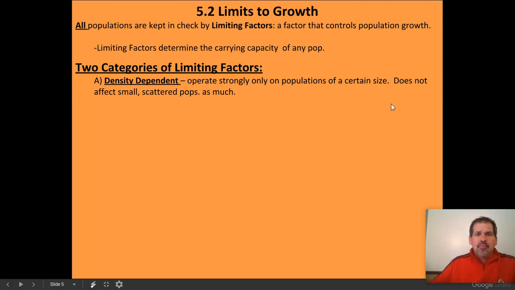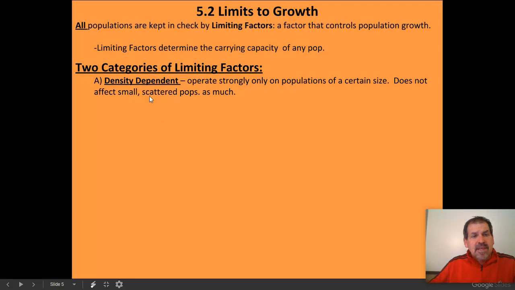So they operate strongly on populations of a certain size, generally bigger populations. Does not affect scattered small populations as well. We'll look at some examples here in just a second to help make sense. So again, two categories of limiting factors.